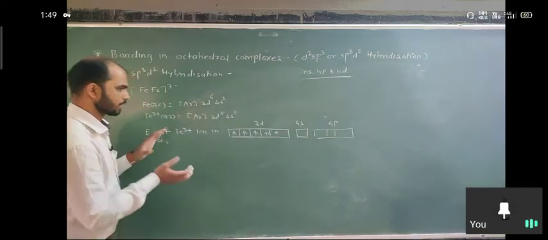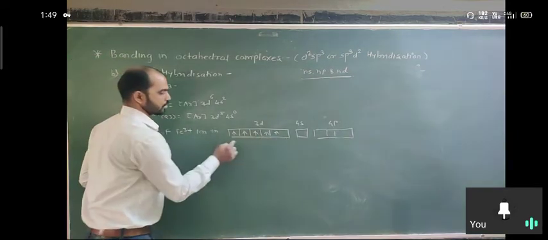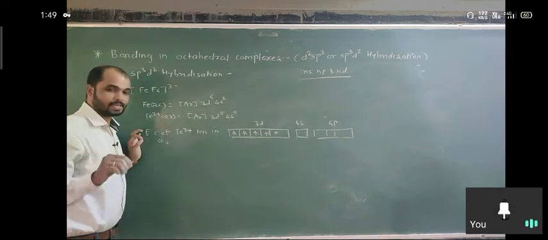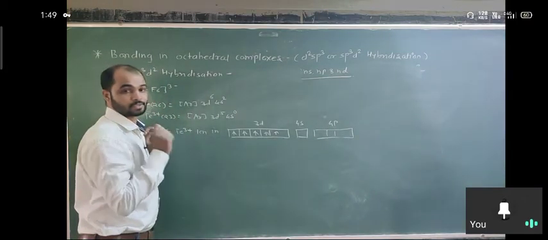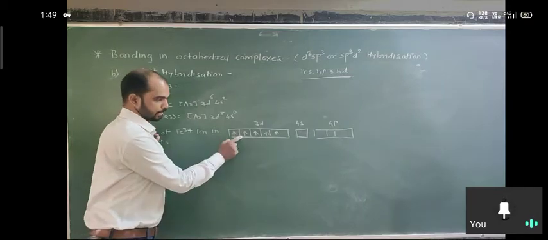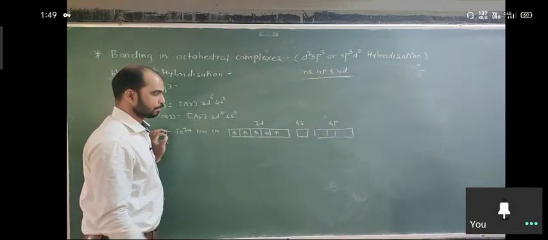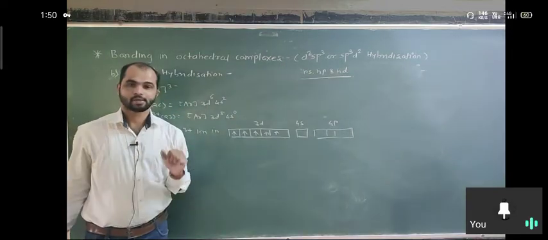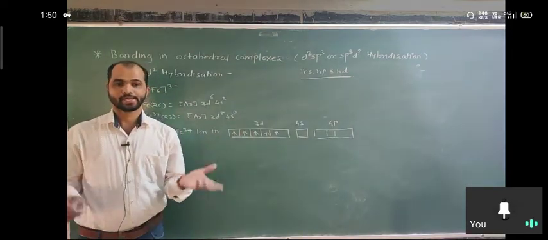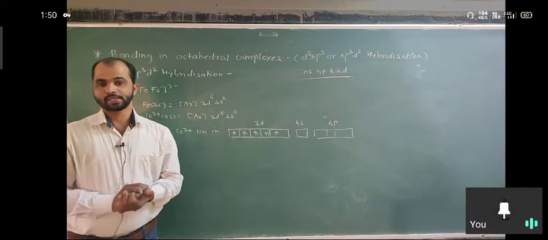So in the excited state the pairing does not happen, because the pairing energy which is supplied from the ligand is not given, and that's why pairing of electrons does not happen, meaning all the electrons remain unpaired. The magnetic moment indicates 5.90 Bohr magneton.